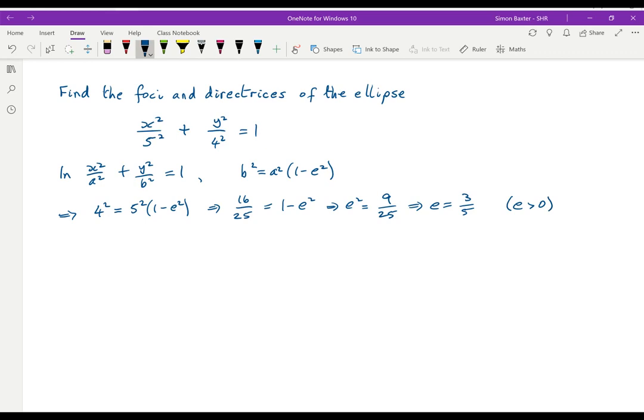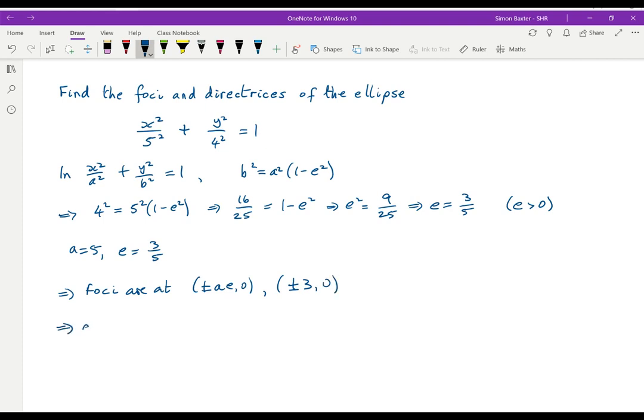If that's the case, then we now have a is 5, e is 3/5, and therefore the foci are at plus or minus ae, 0. In other words, plus or minus 3/5 times 5 is 3, 0.